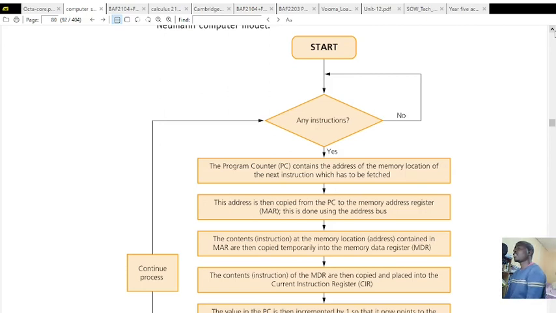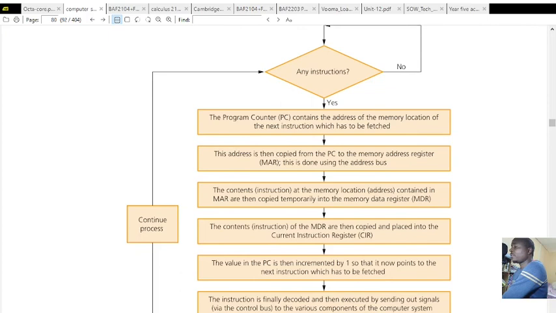From the memory data register, the content is taken to the current instruction register, where the data is subjected to the control unit, and the data is executed there. Then it is fetched to the accumulator, then taken back to the memory data register, and finally to a certain memory location where it is found. So that is how the execution is done within the central processing unit.